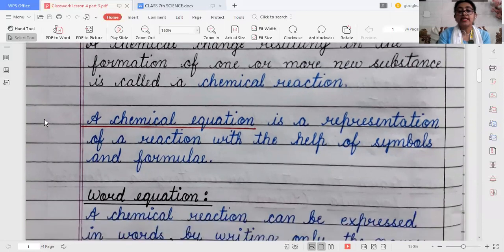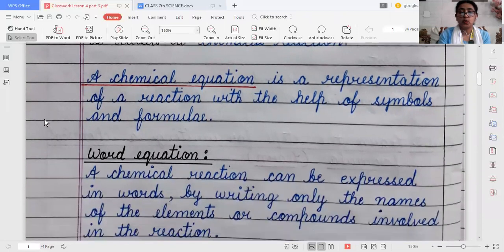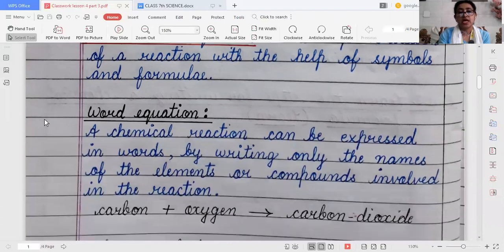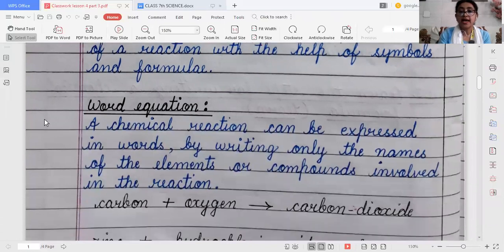But there is one word equation also. What is this word equation? A chemical reaction can be expressed in words also by writing only the names of elements and compounds which are involved in the chemical reaction. Like in place of writing symbols, we can write down the names of the elements and compounds.